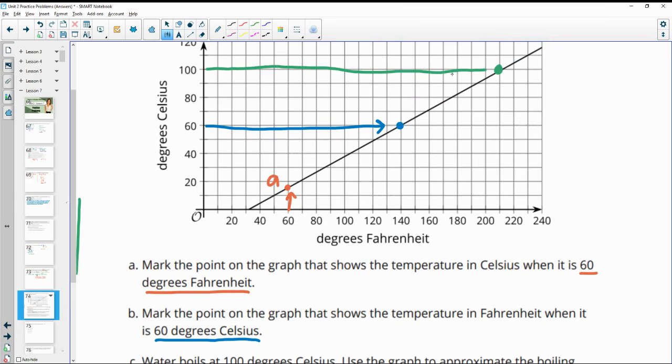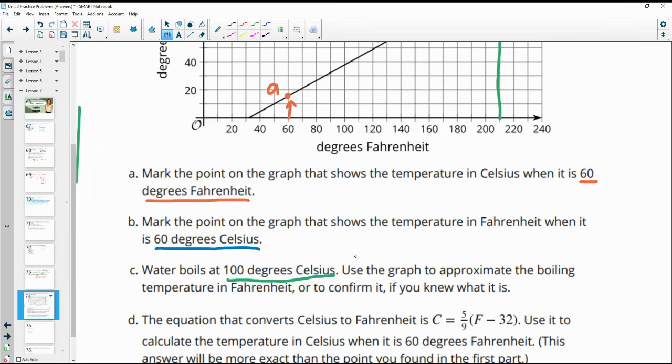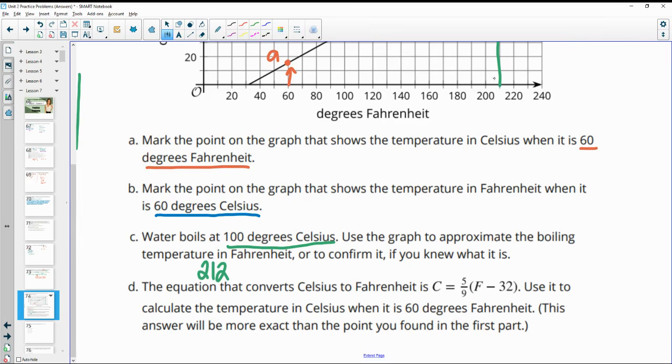So here's our 100 degrees Celsius, and then we'll go down and figure out that that's about 210. And really, I think 212 is the actual boiling temperature, but somewhere around 210, you're just approximating it.